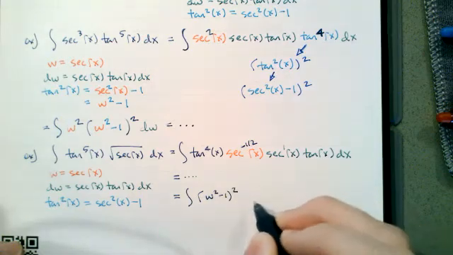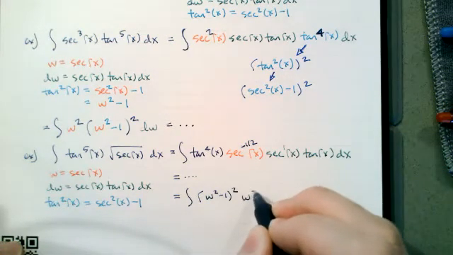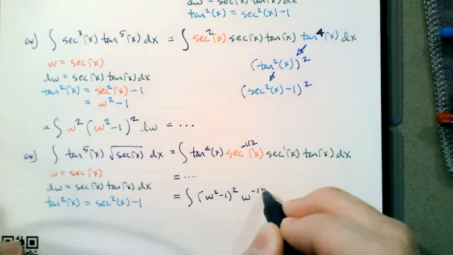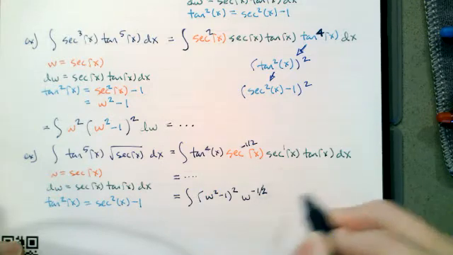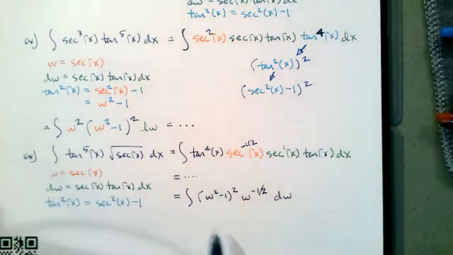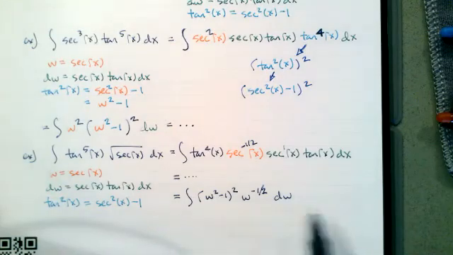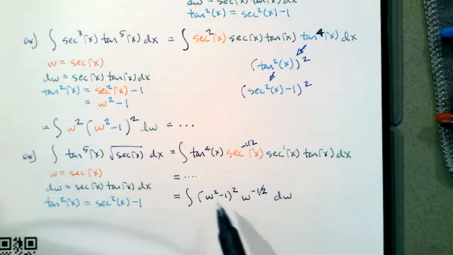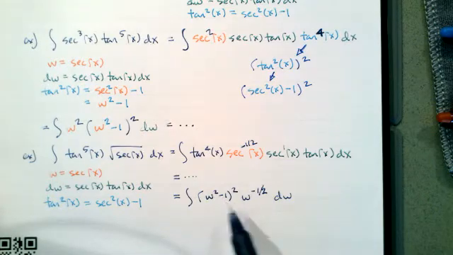Secant to the negative 1/2 is going to be a w to the negative 1/2. And all this will become dw. This is still better because we could just multiply all this out. This is a w to the 4th minus 2w squared plus 1, and then we just distribute the w to the minus 1/2.